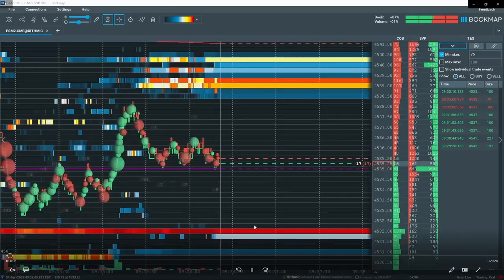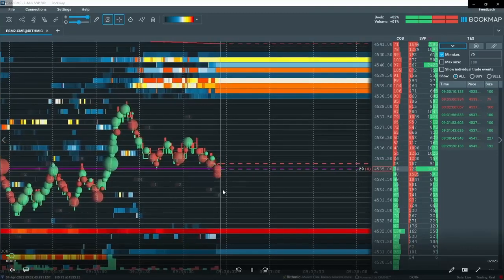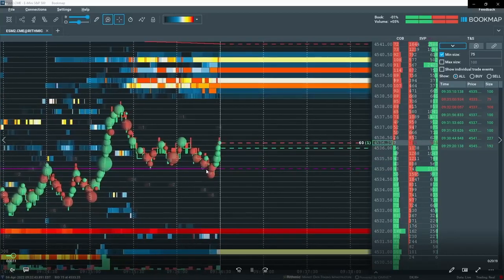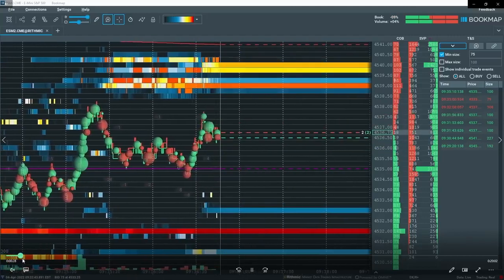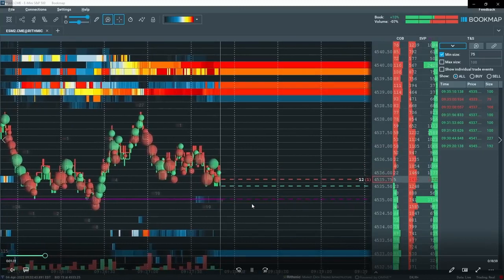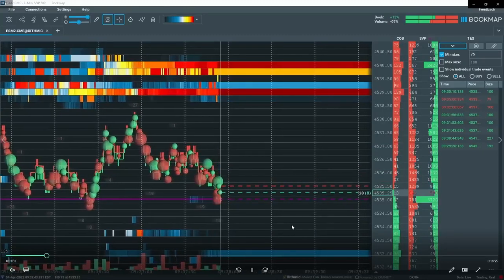We pull back into 45.35, and there are some aggressive sellers hitting the market, yet there isn't a passive buyer basically there to support the market at 45.35. And we come into this level multiple times. Here's a second time. He's at 3,700 lots.